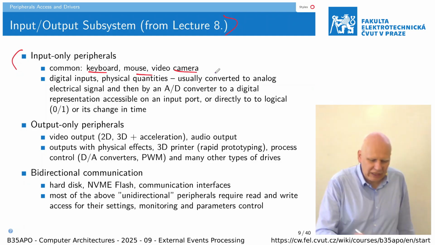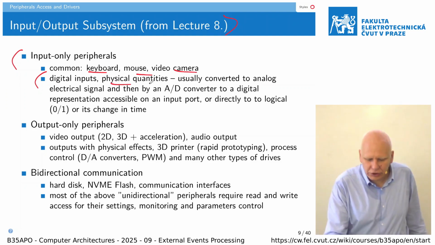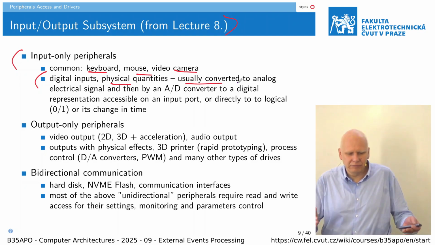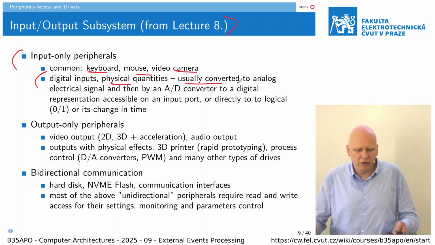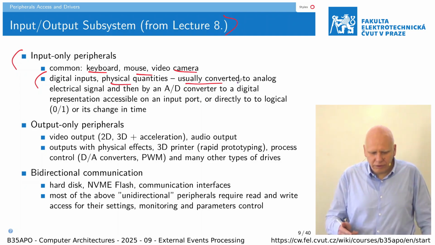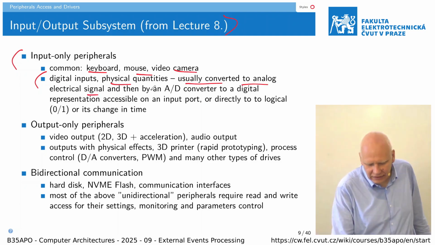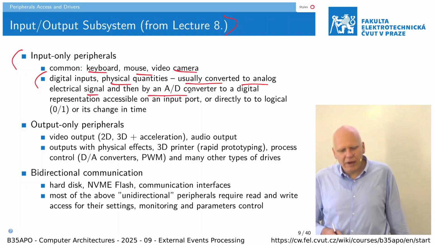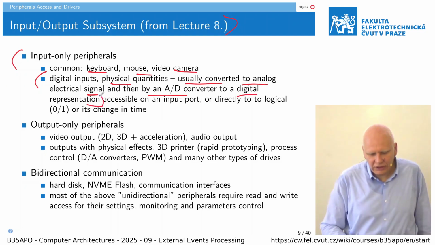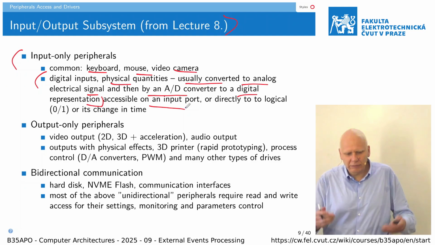But we can have even some digital inputs or physical quantity sensors, which usually convert that physical quantity, for example pressure or speed or torque or weight and so on, to an analog electrical signal, and then this analog electrical signal is converted by some analog to digital converter to a digital representation, which is accessible on some input port of some processor or some system and so on.